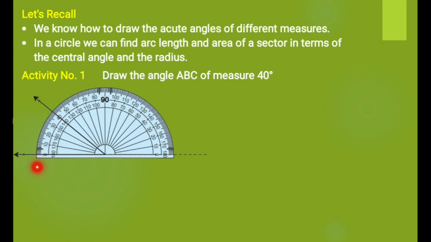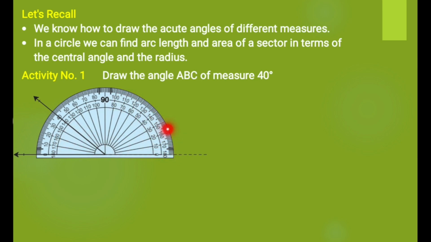See here, in the first figure we measure the angle from left to right. There are two markings. The outer marking goes 0, 10, 20, 30, 40, 50, 60, 70, 80 and 90, and the other marking is reducing: 180, 170, 160, 150, 140.